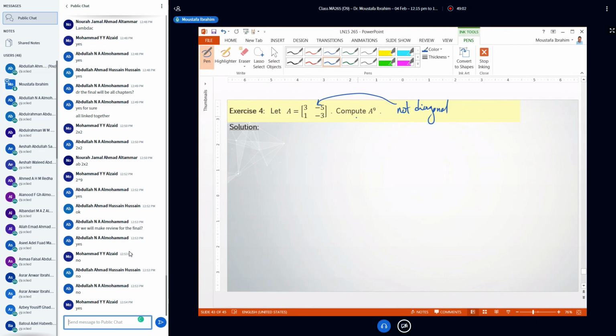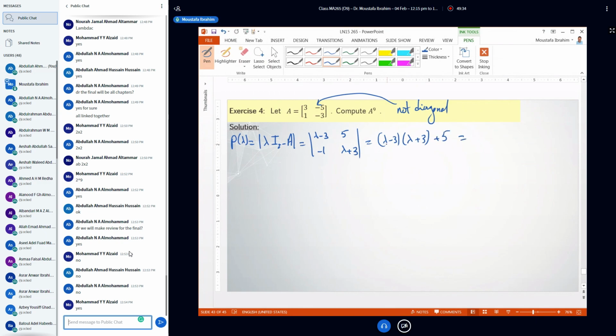Okay. Now, let's solve it. P of lambda, the determinant of lambda I2 minus A, is equal to lambda minus 3, 5, minus 1, lambda plus 3. So we get lambda minus 3 times lambda plus 3, and here minus 5, so we get plus 5.